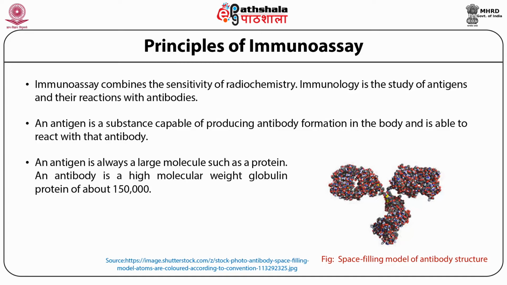Two are identical and retain the ability to bind antigens, hence are referred to as FAB, that is fragment antigen binding. The third fragment does not bind antigen by itself but can be crystallized from solution, hence it is called Fc, fragment crystallizable.